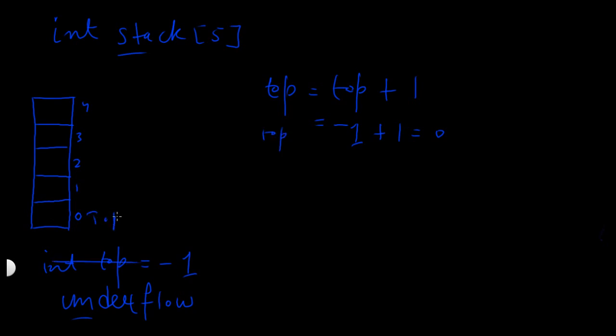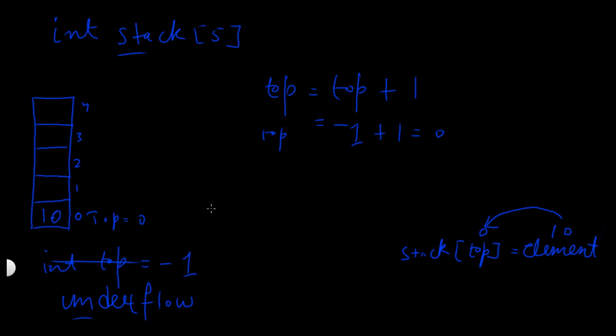So top becomes 0, and the new element will be inserted at this place. This element is just a variable, and if the value of this variable element is 10, then 10 gets inserted at this position. So the new element 10 will get inserted here.